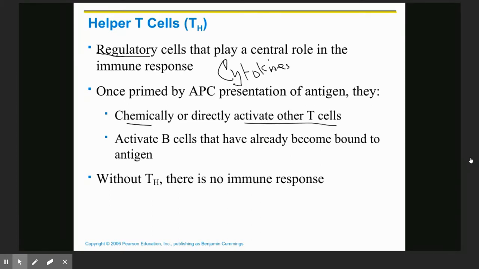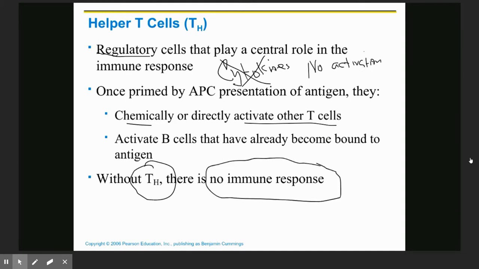And so they sort of play a central role. Because if you don't have any T helper cells, we don't have any of these cytokines. If you don't have these cytokines, there's no activation of these other cells. And if you don't have an activation of cells, you get no immune response.